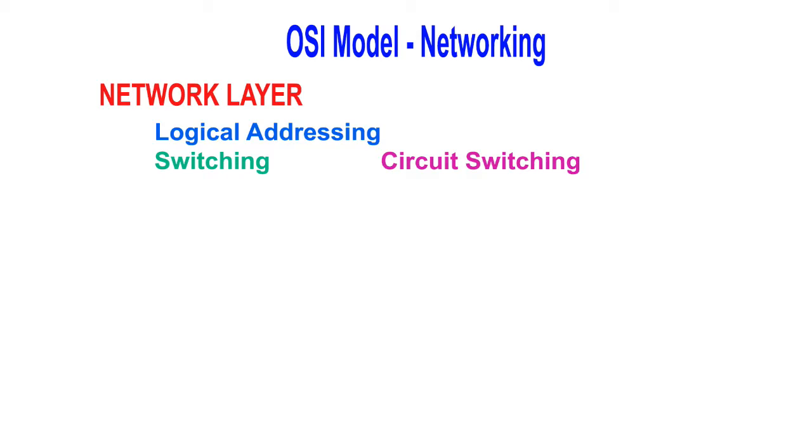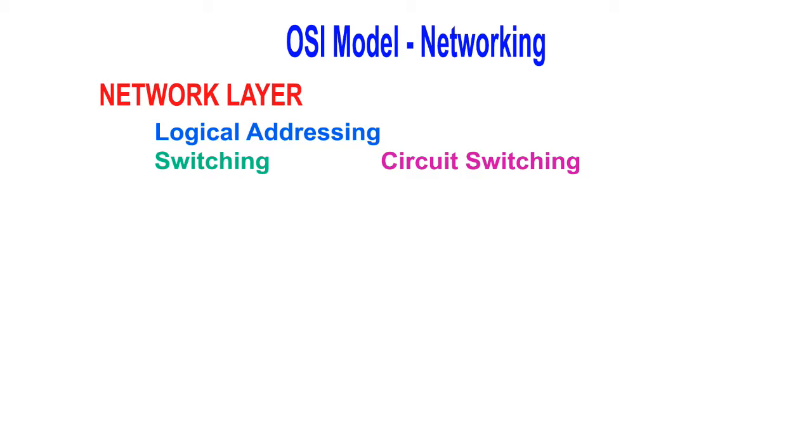Circuit switching in computer networks operates in the same way. A complete end-to-end path must exist before communications can take place.